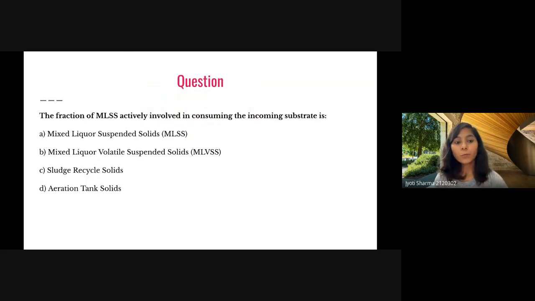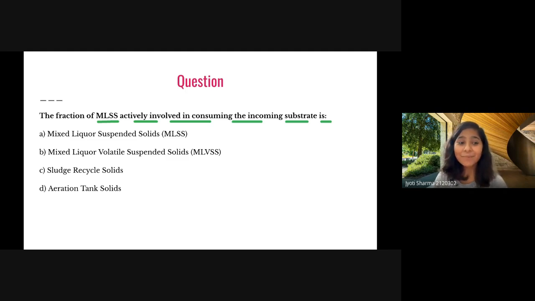Okay, so we have the fraction of MLSS actively involved in consuming the incoming substrate. First we have MLSS, that is mixed liquor suspended solids, and the fraction of it involved in consuming the incoming substrate is... It is already MLSS, so I don't think A will be the same.